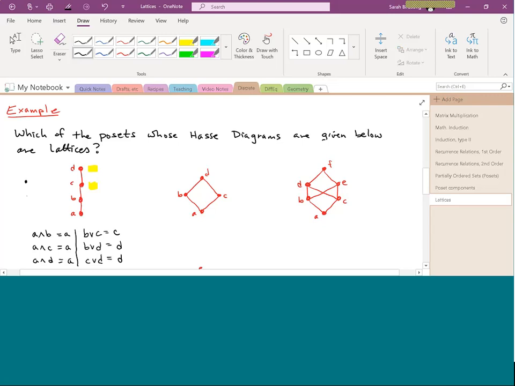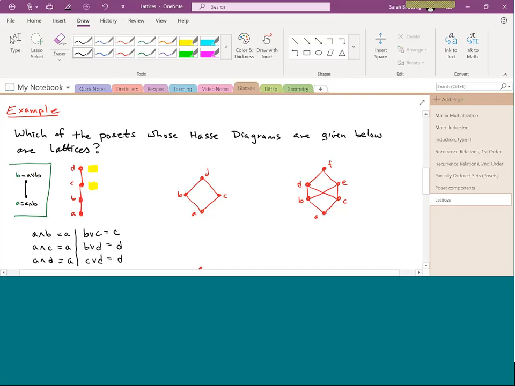If you have two elements, so this is an aside, let me actually put it in a different color. If you have two elements here, A and B, it turns out your meet of the two elements of your chain is always the bottom one, and the join is always the top one.